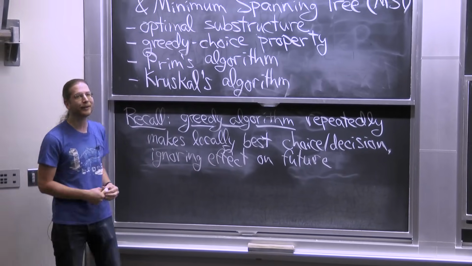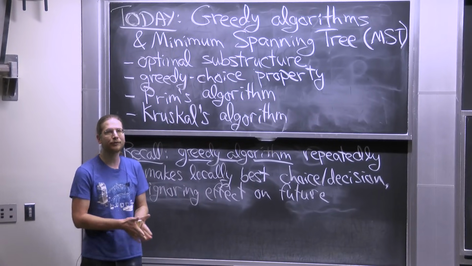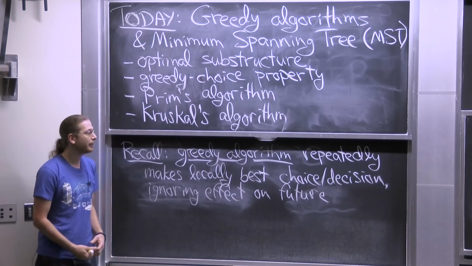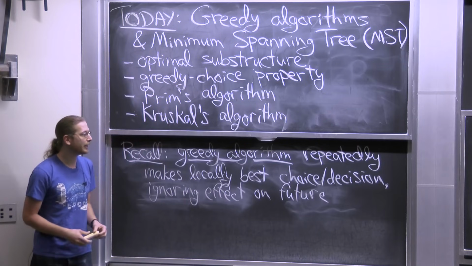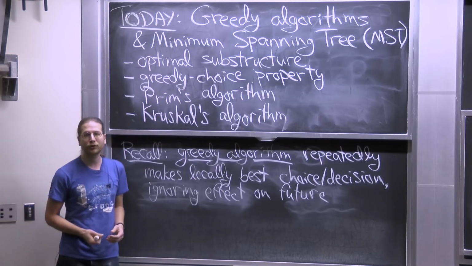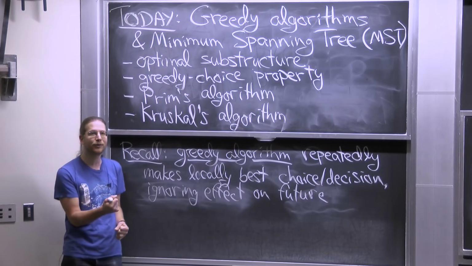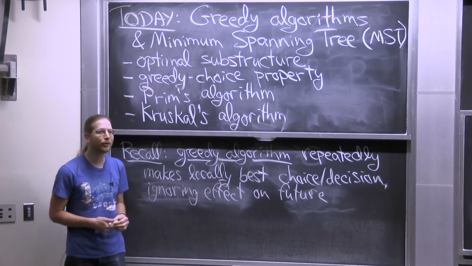Both of them are in the category of greedy algorithms, which is something we've seen a couple of times already in 6046, starting with lecture 1. This is the definition of greedy algorithm from lecture 1, roughly. The idea is to always make greedy choices, meaning the choice is locally best. For right now, it seems like a good thing to do, but maybe in the future it will screw you over.